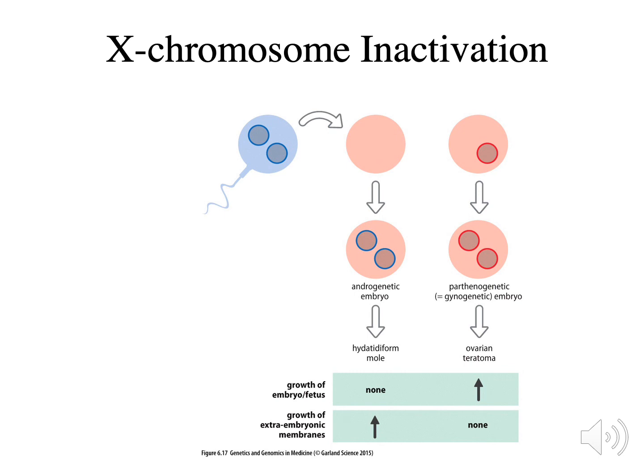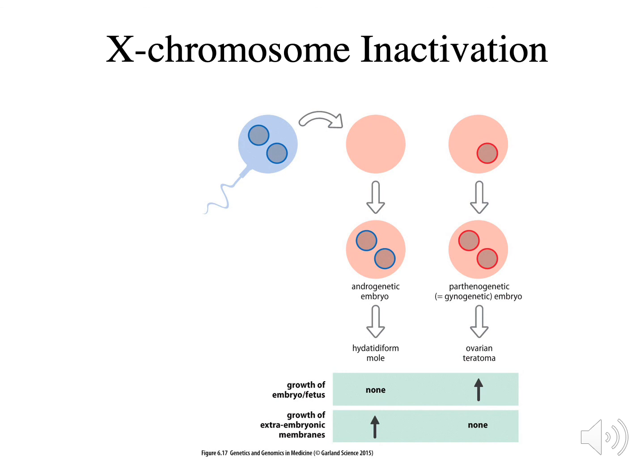Another scenario that again doesn't result in a viable embryo is the reverse situation, where the zygotic genome is comprised of maternal DNA only, and it produces a parthenogenetic embryo.